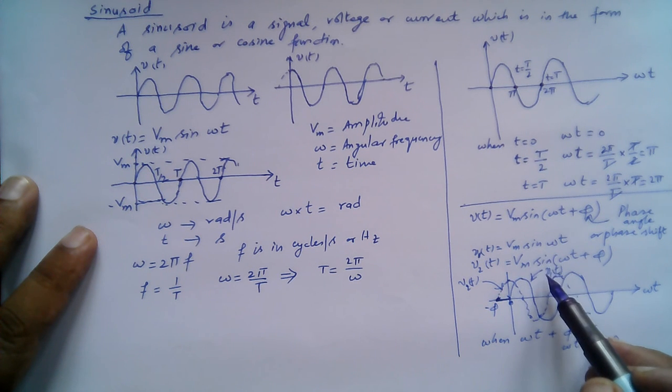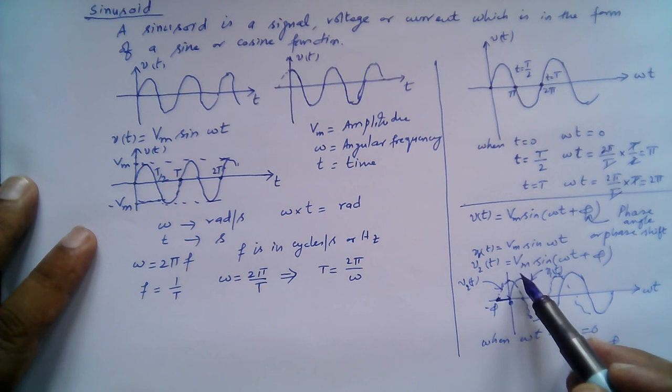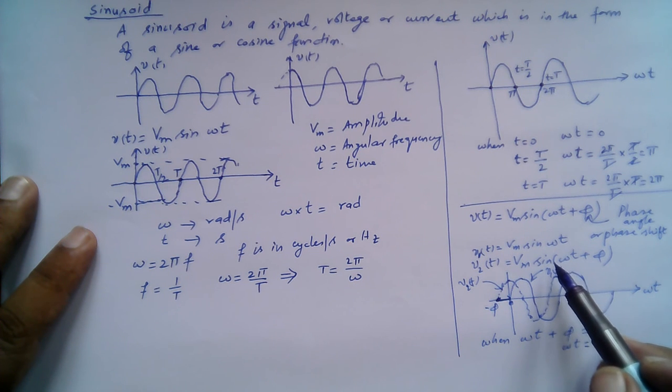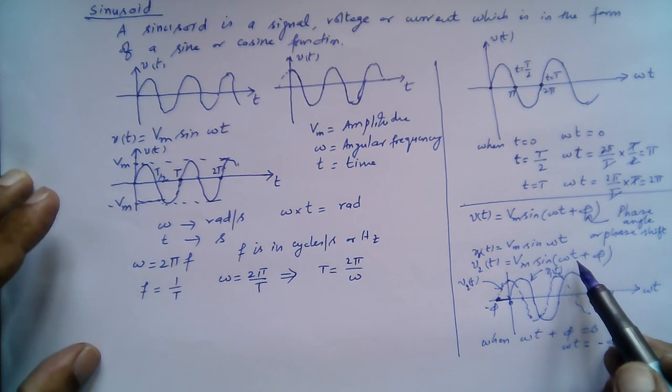And then the sign here, for both of them, they must both be positive or they must both be negative. And third, the angular frequency of both the sinusoids must be the same for the comparison to take place. So that's it for the sinusoids.